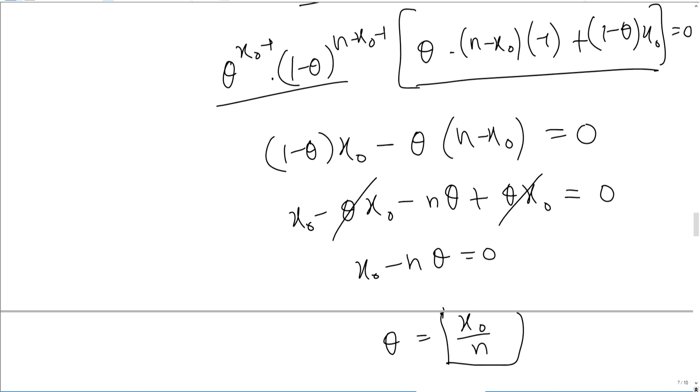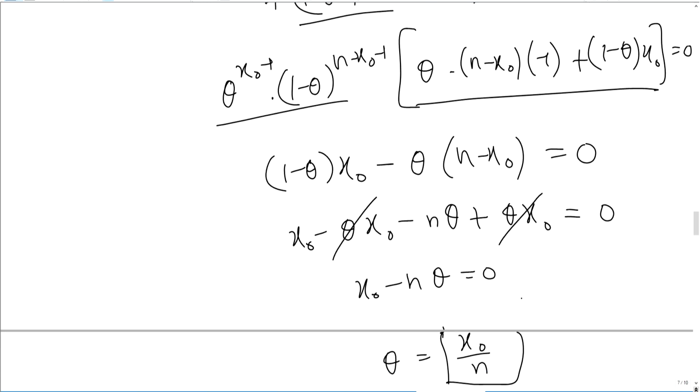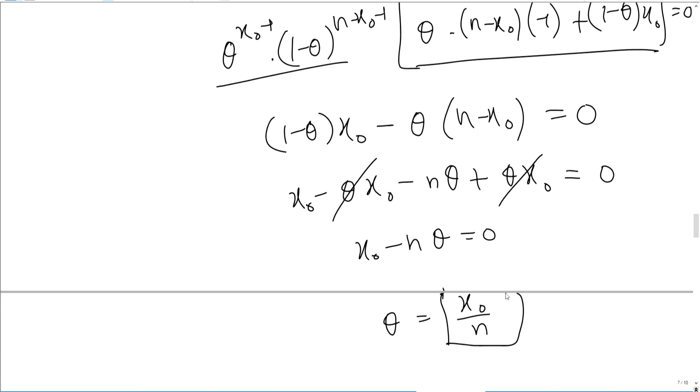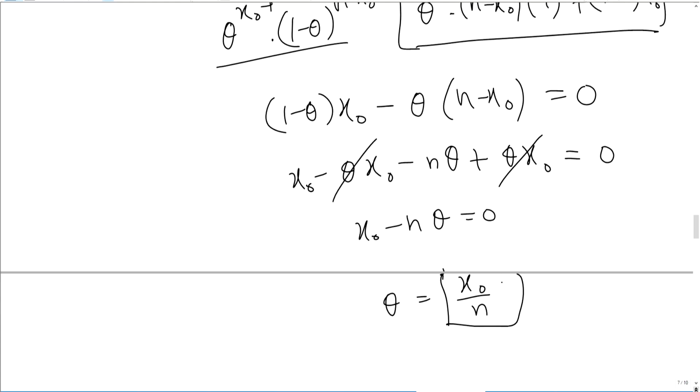So, at this value of theta, the function achieves its maximum value. You can call this the maximum likelihood estimate of theta when you assume that x naught, the random variable, comes from a binomial distribution, where x naught is the observed data and n is the sample size. All right.